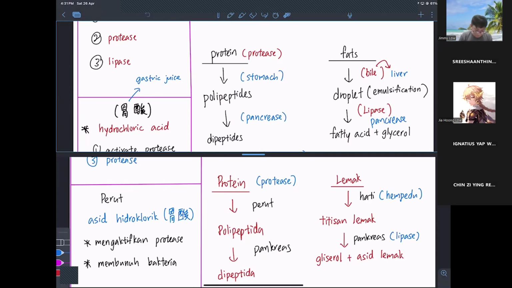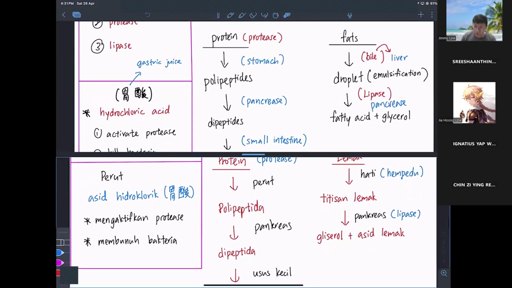It is acidic. Your bile is able to neutralize the acid in your chyme. Then, bile will also break down the fats in your food into droplets for easier absorption. This process is called emulsification. In BM it is called emulsifikasi.